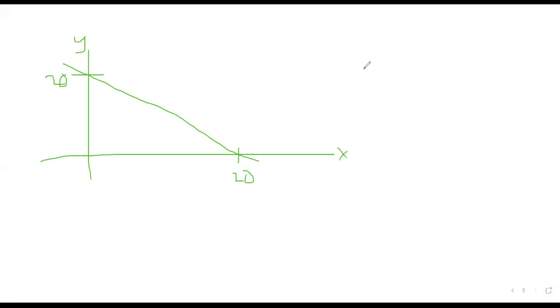Can somebody give me the budget line? The budget line is income equals price of X times X plus price of Y times Y. We don't know the budget specifically, but the price of X has been given as 5, and the price of Y is what we are looking for.